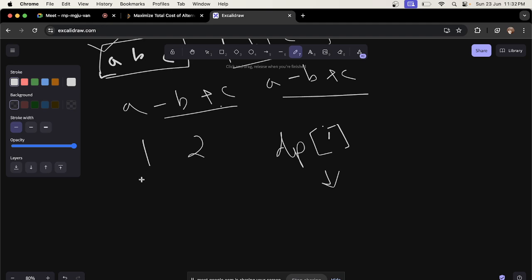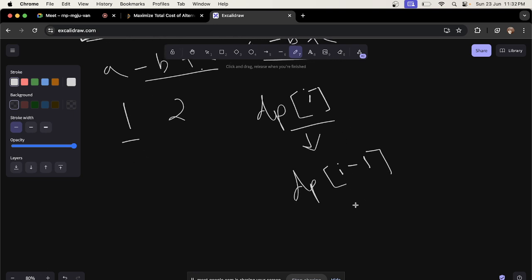In one case we have a single-element subarray with only element i, so we add dp[i-1]. In the second case we have i and i-1 together, so we add dp[i-2] along with the value of that subarray.